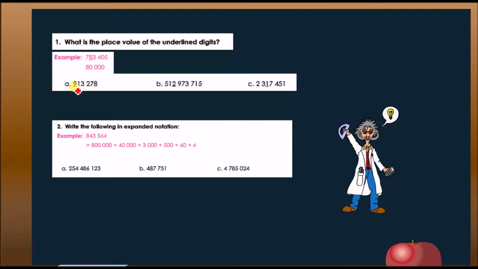The 9 is in the position of the 100,000, so it's 900,000. The 2 is in the position of the million, so it is 2 million. The 1 is in the position of the 10,000s, so it's 1 times 10,000, that's 10,000.